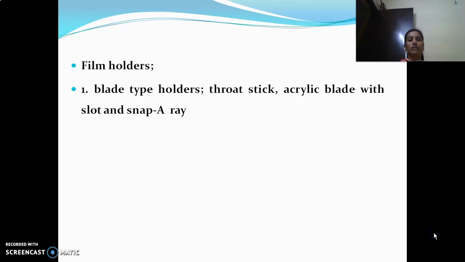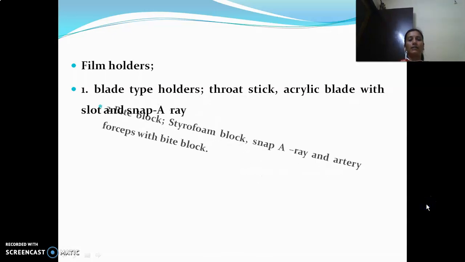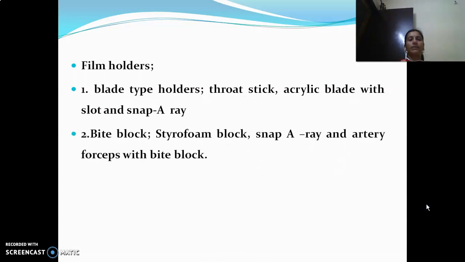What are film holders? Film holders are equipment used to stabilize the film inside the oral cavity. There are various types of film holders. The first one is the blade type of holder. Examples are the throat stick, and the acrylic blade with slot and snap array film holder. The second film holder is the bite block.